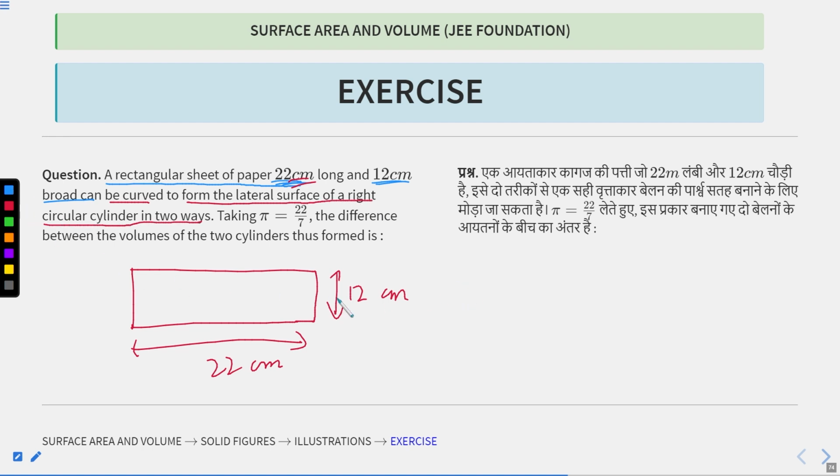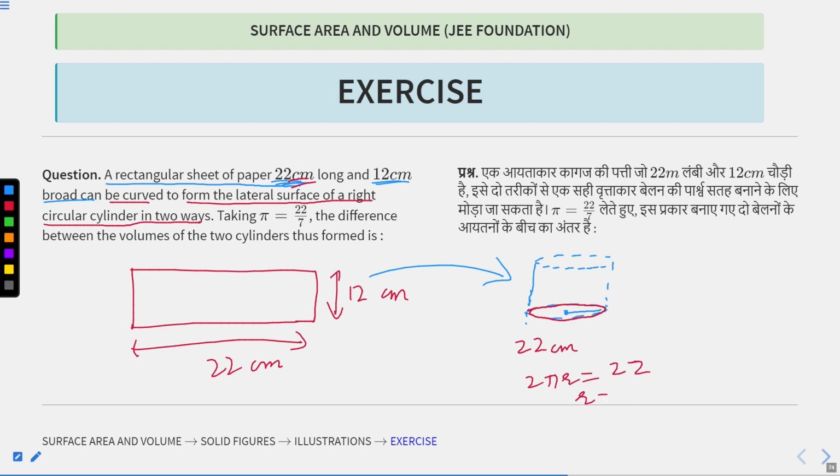We know if I'm trying to transform this rectangular sheet into a cylinder, the cylinder will look something like this. It is wider but not long. The circumference of this base circle is my 22 centimeter, that is 2 pi r is 22.